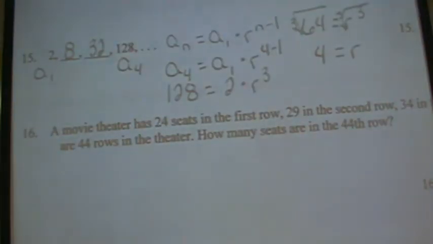To get from our first term to our second term, we multiply by that 4. So we get 8. 8 times 4 is 32. And then 32 times 4 gives us that 128. So you should get 8 and 32.